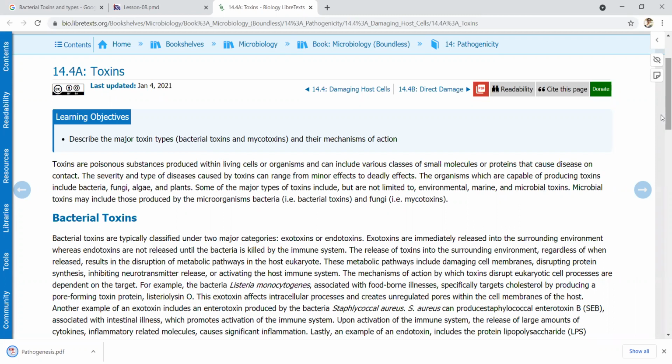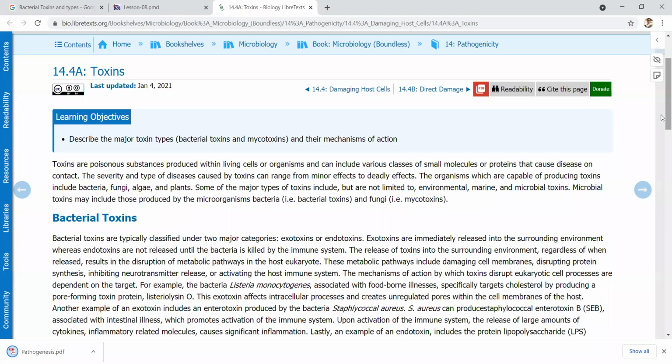The mechanisms of action by which toxins disrupt eukaryotic cell processes are dependent on the target. In what way the toxin is going to affect the mechanism of a particular cell depends on the target. A toxin will also target a particular organ.